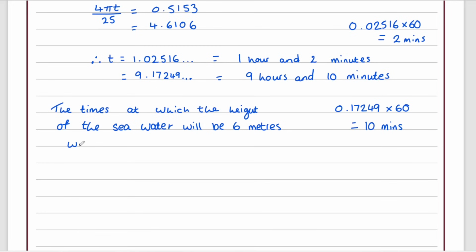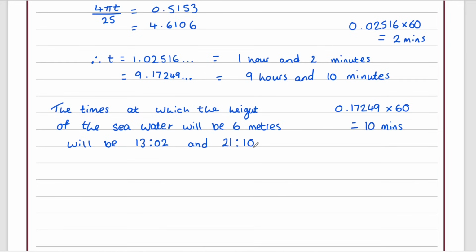So 1 hour and 2 minutes, that will be 13:02. Remember, this is since midday, so this will be 13:02. And then 9 hours and 10 minutes corresponds to 21:10. Okay, we're giving these as times here, so 13:02 and 21:10. Okay, there we have it, so that is the solution to part B.